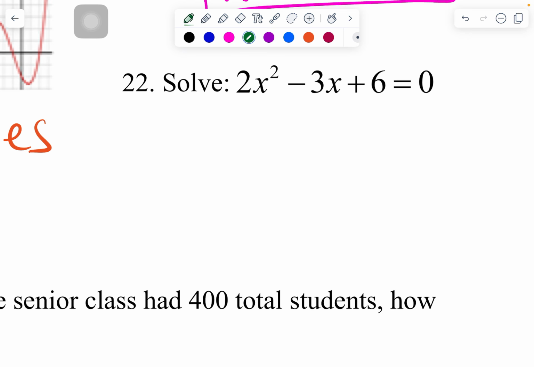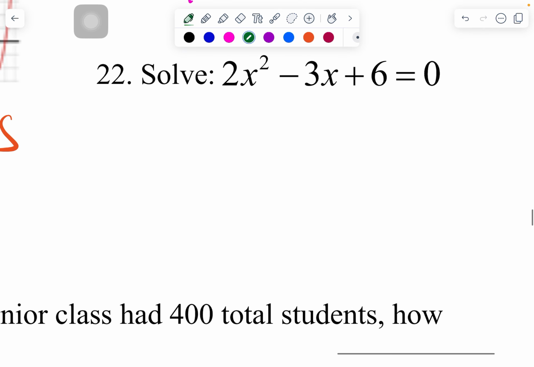My immediate thought is, can I factor it? And I'm trying to do the quick factoring in my head. So 2, 6, things that multiply to 12 and add up to -3. Nope, that's not going to happen. So quadratic formula it is.